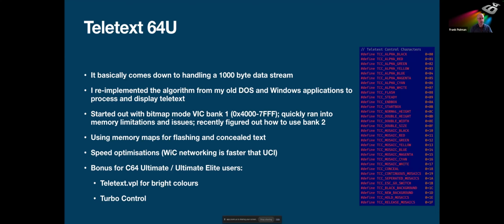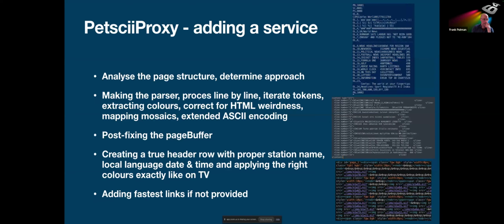That's a VICE palette file, and the Ultimate supports that. This is optional, and you can use it to get those really bright teletext screens. I also use the turbo control mode, so I can set the clock speed of the computer.